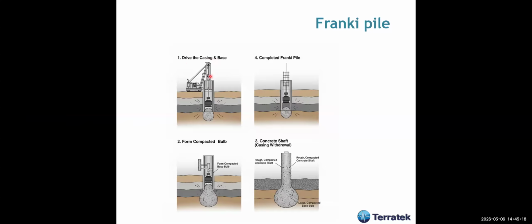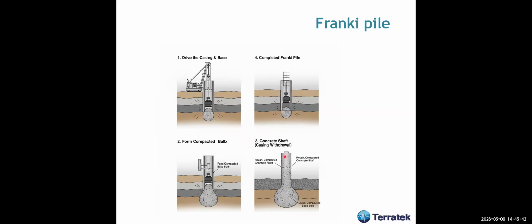And what they usually do, usually we drive a casing, the steel casing, to the depth that we need. Then you pour some concrete here, and you have a drop hammer with which you give blows to the concrete until you form what we call the bulb or the tip, okay?